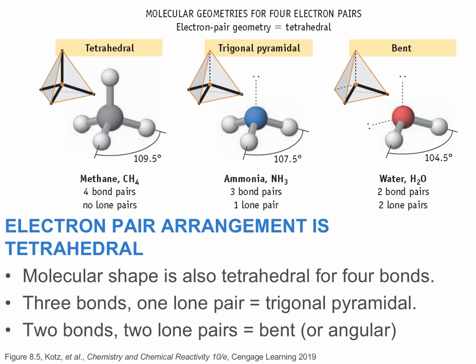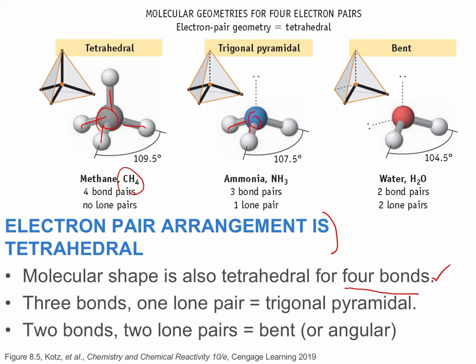So we can look at these examples where if we have a compound like methane, we have a central atom, carbon, and we've got 1, 2, 3, 4 bonds and no lone pairs. So its electron pair arrangement is tetrahedral, and its molecular shape is also tetrahedral. But what if we have something like ammonia?